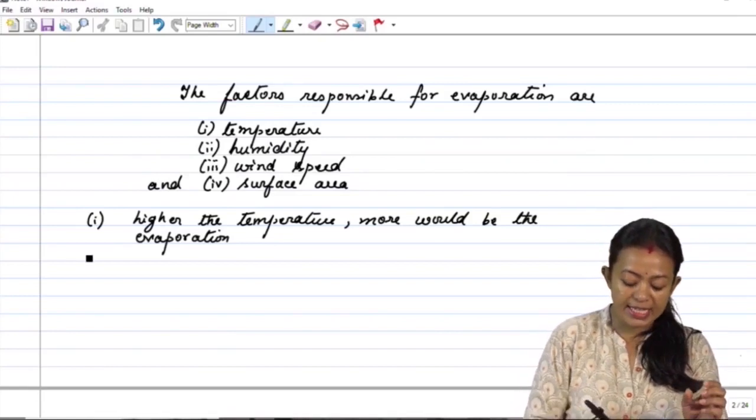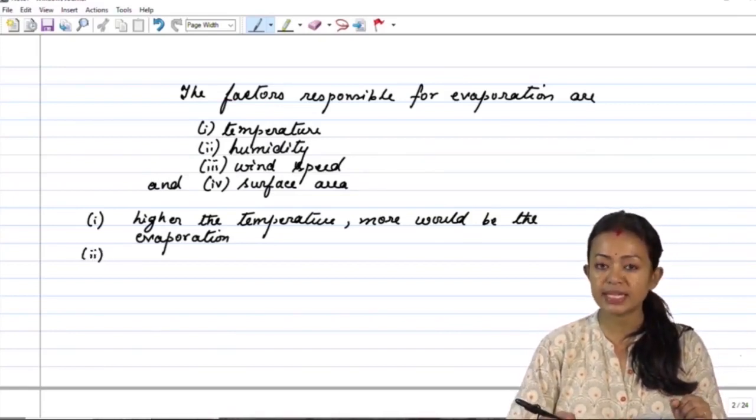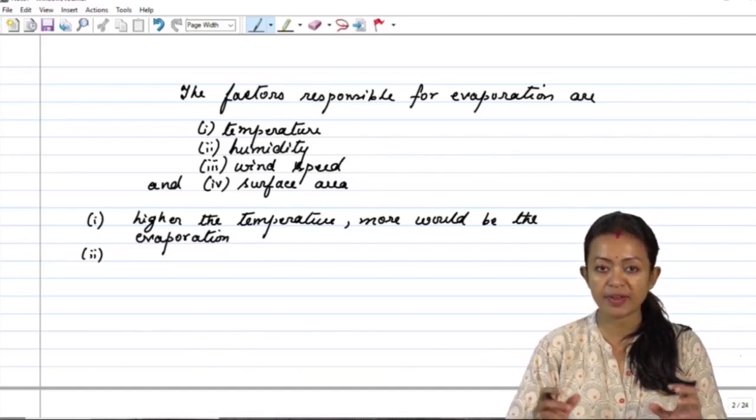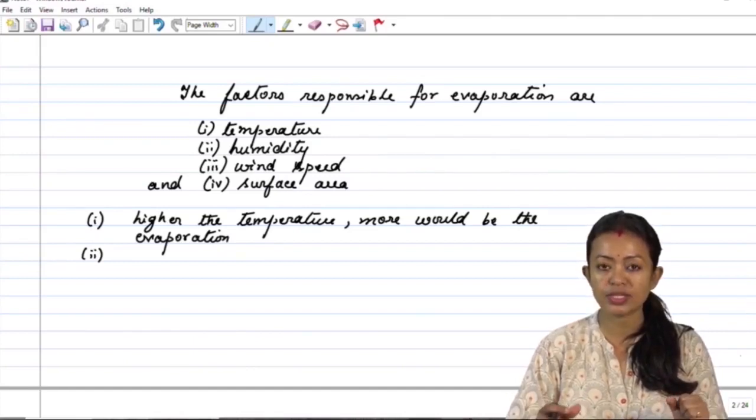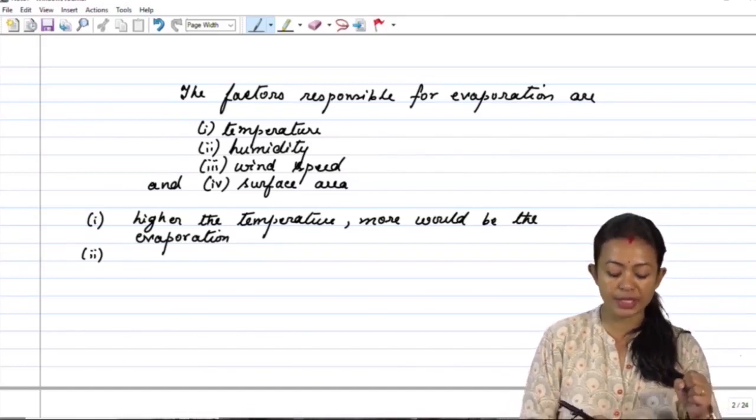Fine. The next one is humidity. Now what is humidity? Humidity basically means the level of water vapor in the atmosphere. How much water vapor is present in and around a place is called humidity. So how does humidity influence?